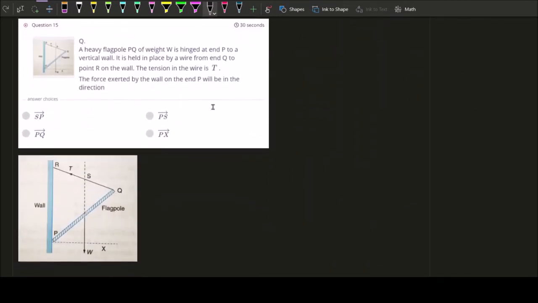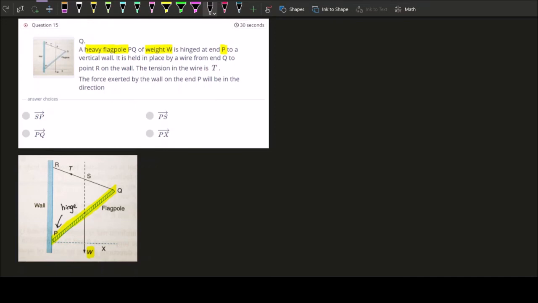Okay, question 15 here shows you have a heavy flagpole PQ. This PQ here is a heavy flagpole, means that it has mass, and it has weight W. Well, they already label here W, and it's hinged at end P. So this point here is actually a hinge.